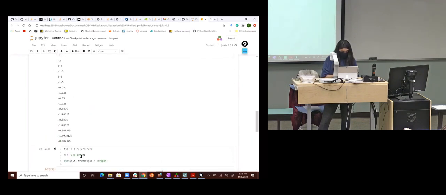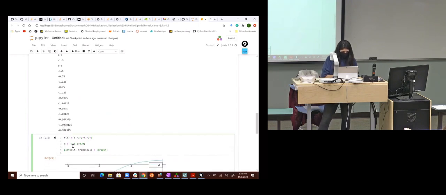Looks like that. Then the next one, let's take the last one. The last A is -1.00, and the last B is -0.9843 something.